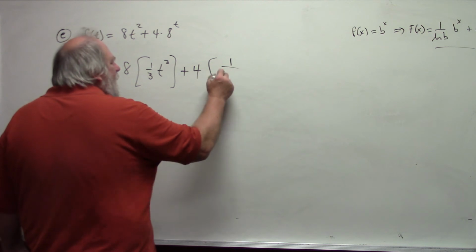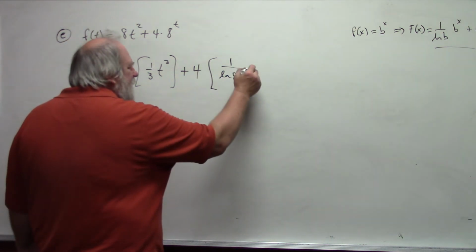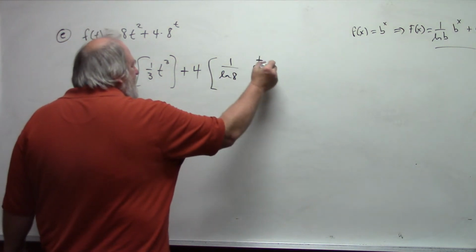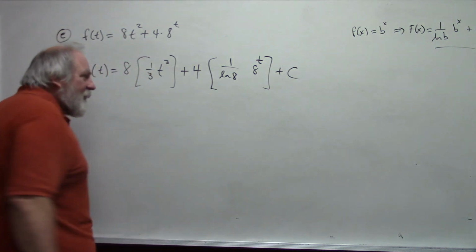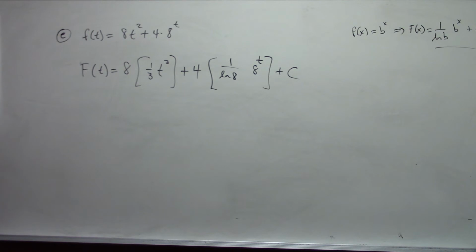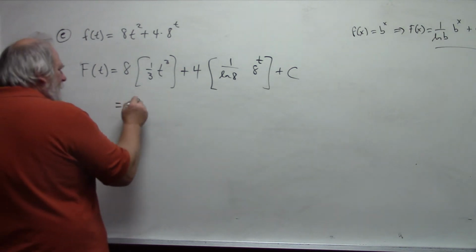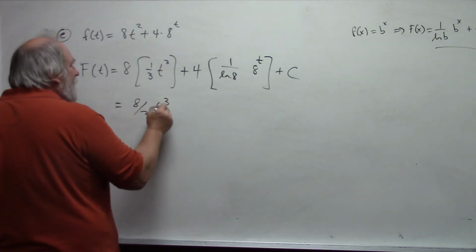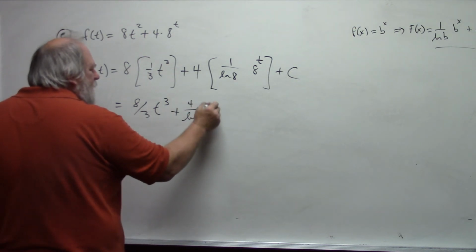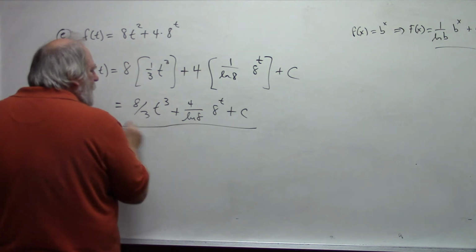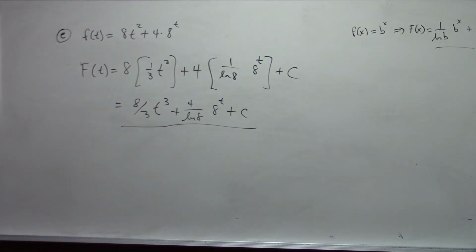I get 1 over the natural log of 8 times 8 to the t plus c. This is the antiderivative of the exponential. And so then I get 8 thirds t cubed plus 4 over the natural log of 8 times 8 to the t plus c. This would be my antiderivative. One more example.